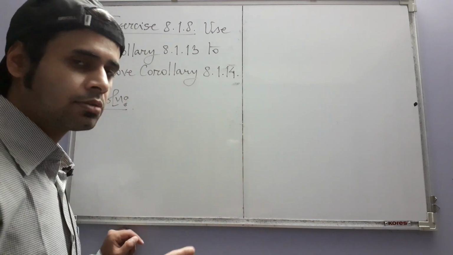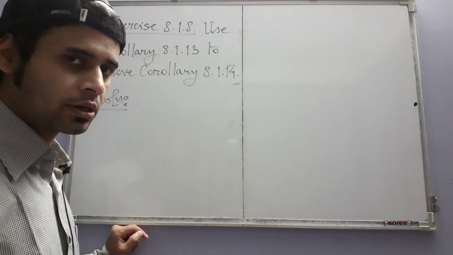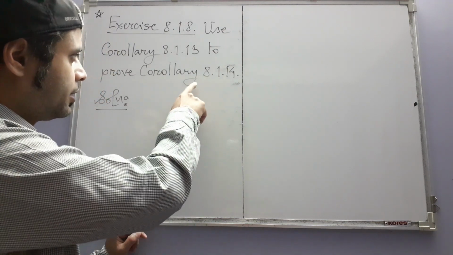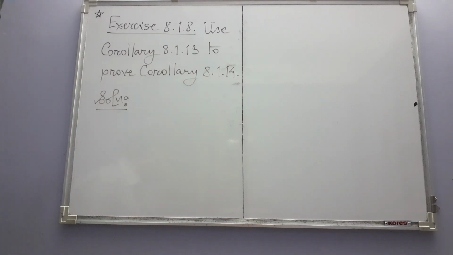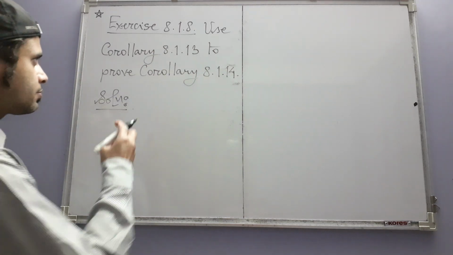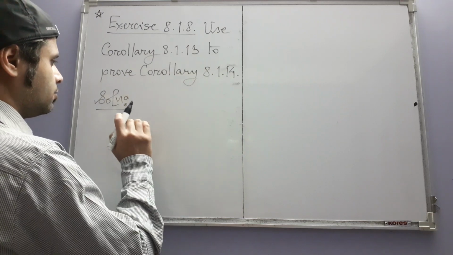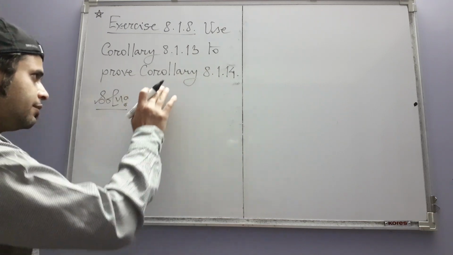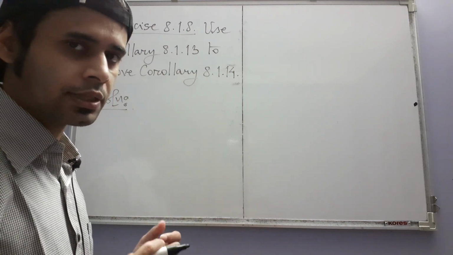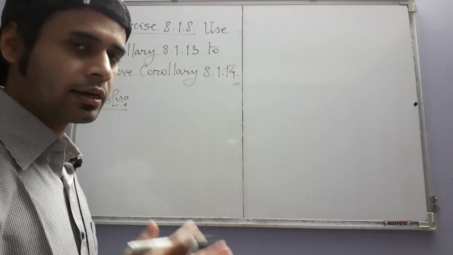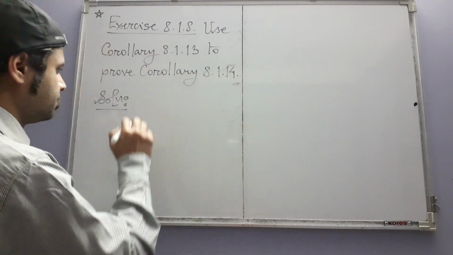Then their Cartesian product x cross y is also countable. That is this corollary that we now need to prove. So what we are given is two countable sets x and y. We need to prove that their Cartesian product is countable.